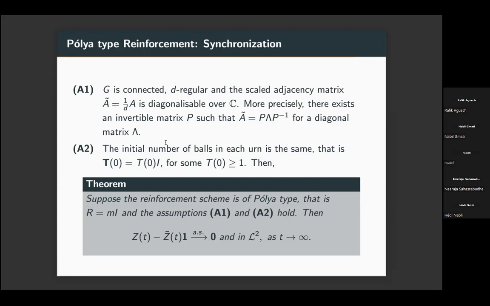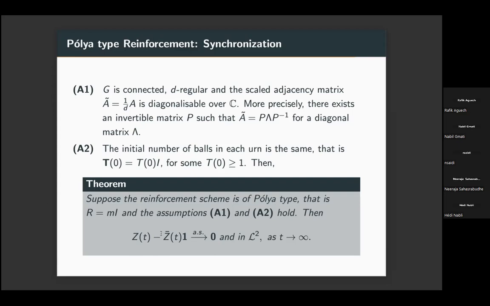So once I have all these assumptions, we could show that ZT, which is this vector of fraction of balls of white color in all the urns, converges to a random limit which is the same across all urns. Okay, so what is written here is ZT minus Z bar T goes to 0 almost surely, and in L2, so this Z bar T also converges to a random limit.